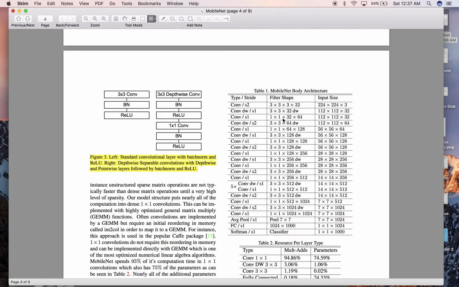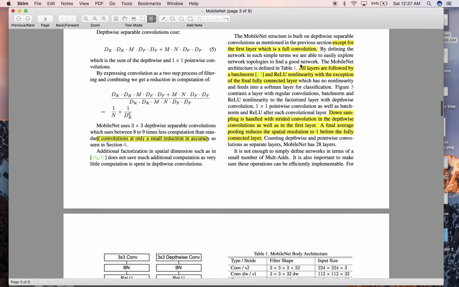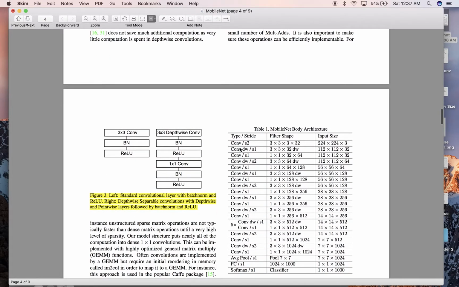Then he does a separable one, and he has 64 channels, so the width becomes 64. And then he does another depthwise, then another separable, and he keeps on doing this, and this makes up his entire model. So his first layer he mentions here is all layers are depthwise separable except for the very first layer, which is a full convolution. So this is a full convolution layer.